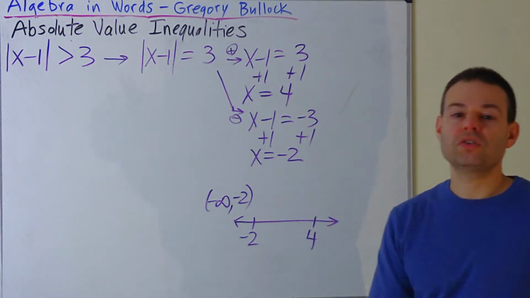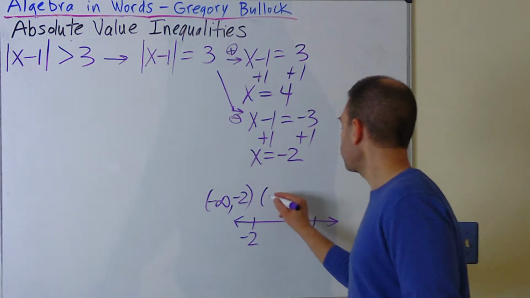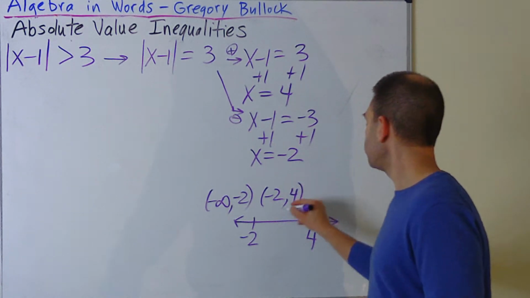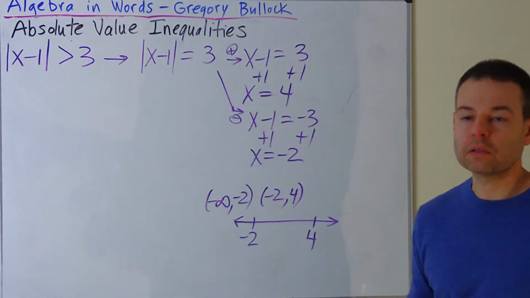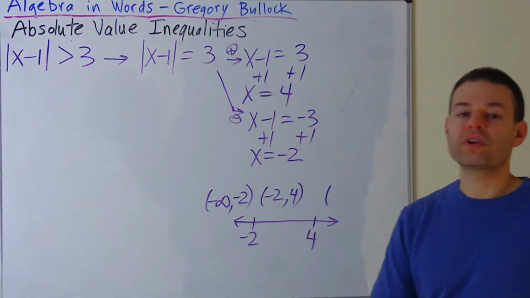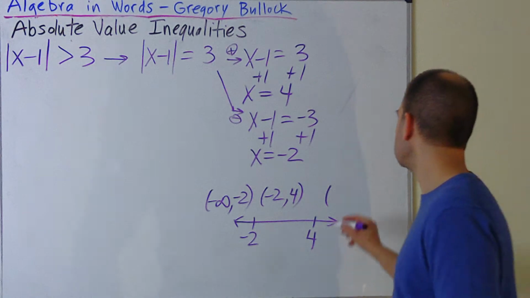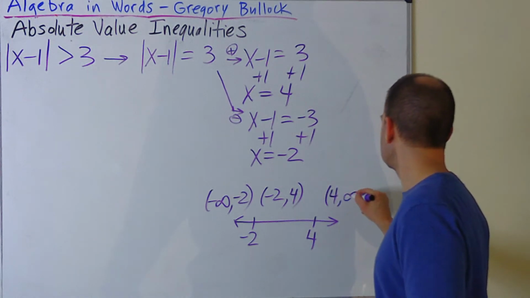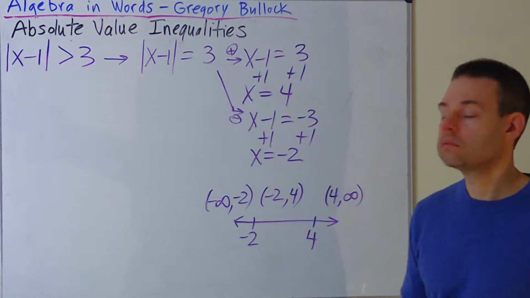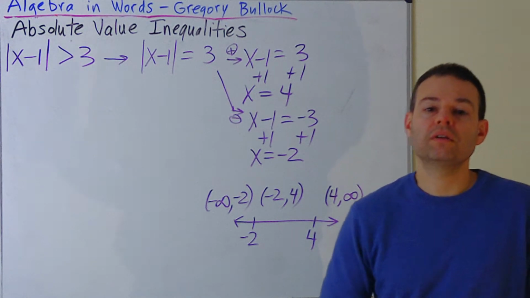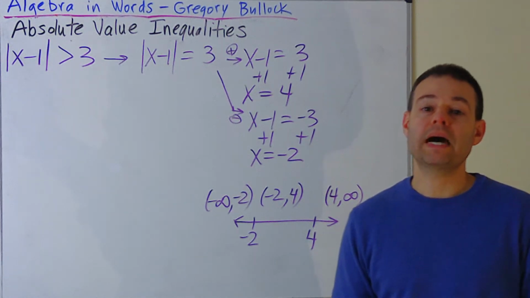The middle region is going to be negative 2, comma, 4, parenthesis, because it's non-inclusive. And the region on the far right is going to be 4, comma, infinity, parenthesis.